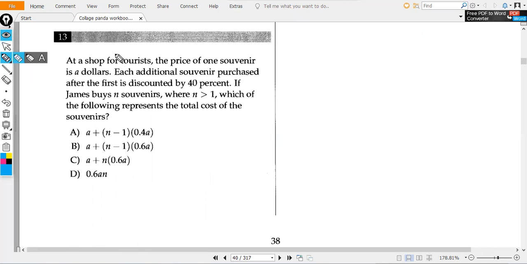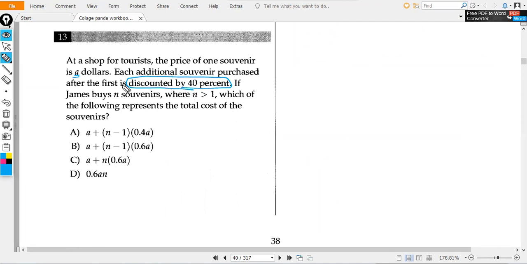Now, number 13. At the shop for tourists, the price of one souvenir is $8. Each souvenir costs $8. Each additional souvenir purchased after the first is discounted by 40%.